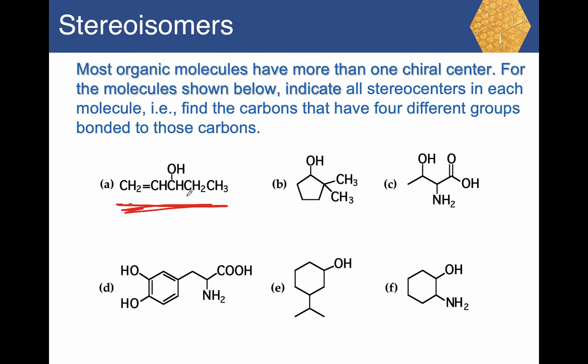And why are we doing this? Because for a molecule that has a stereogenic center, we know that its mirror image will be different from the molecule. We call that relationship the enantiomers.